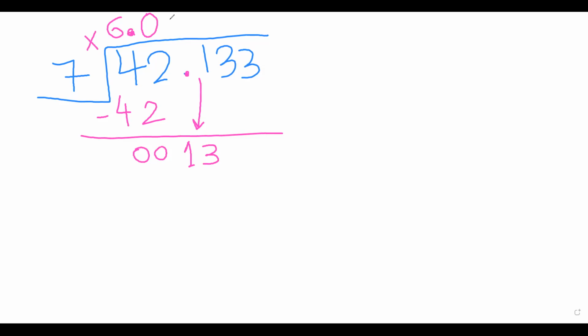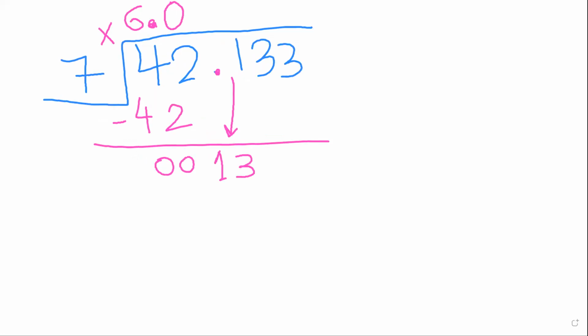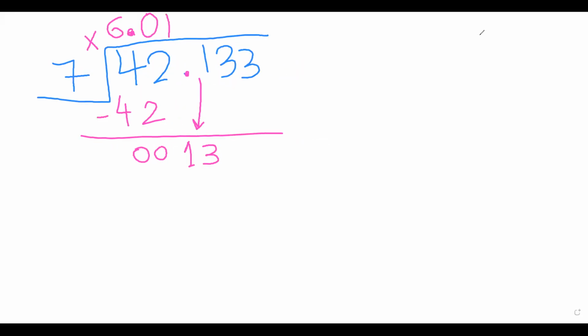So it will be 1. Then 1 times 7 is 7. 13 minus 7 is 6. After I call the 6, what will I call now? I will call the 3.